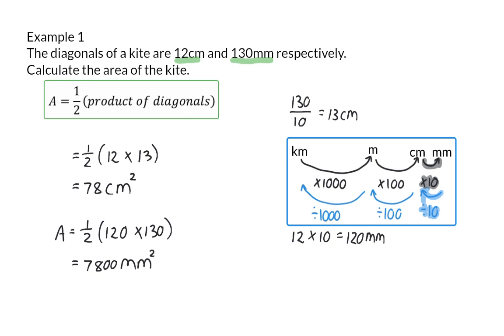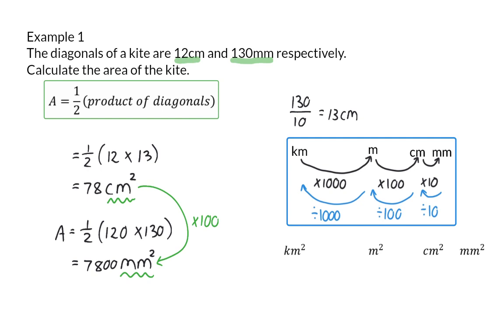Here you can see that the difference between centimeters squared and millimeters squared is not 10, but you have to multiply by 100. So when converting between unit squares, you will still multiply and divide, but by double the amount of zeros.